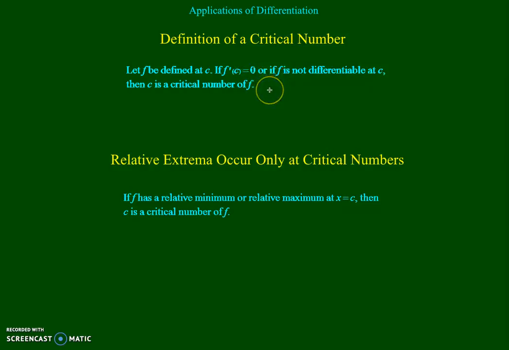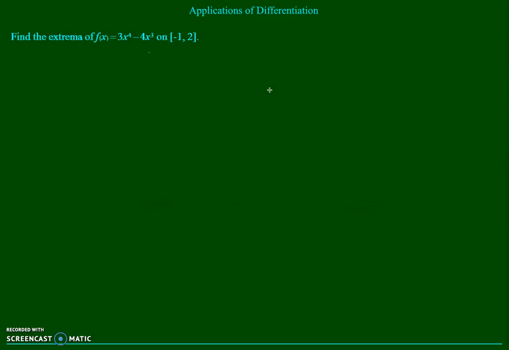And so let's see how this works in practice. What we're going to do is find the extrema of this function on the interval -1 to 2. As we just discovered, we're looking for critical numbers, which requires us to take the derivative.